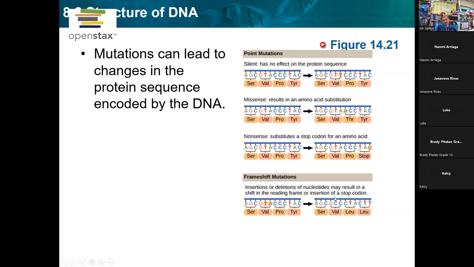So frame shift mutations are typically much worse than point mutations and can cause big problems in proteins, because you won't have the correct amino acid sequence. That means they don't fold correctly, and then they don't work. It happens. All right. Well, that was DNA structure and something about replication.